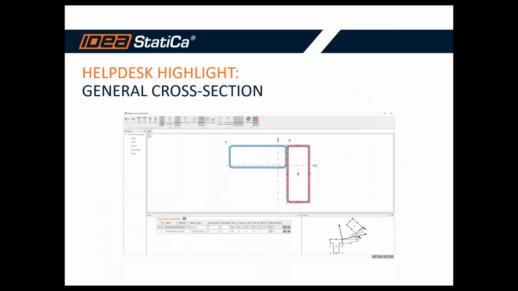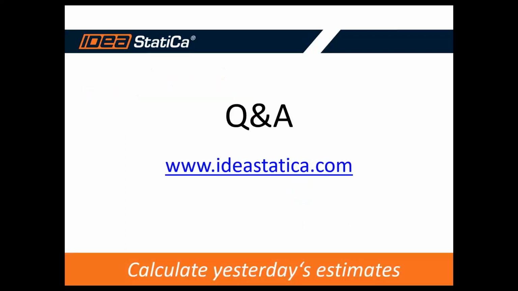In the end, we will have a short look at general cross-section creation, because we chose one example from our help desk, a project where the user did not know how to work with it. In the end, we will have maybe a few minutes to answer some of your questions.